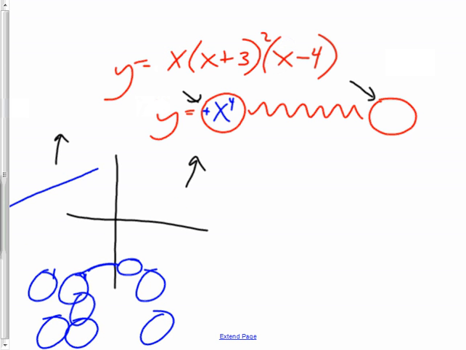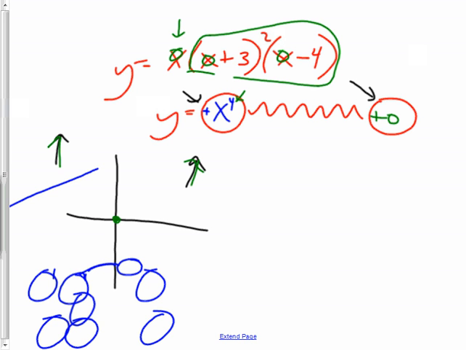So I put in a 0 here and here and here. But if I multiply 0 in the front times anything else, it doesn't even matter what these are. The answer is going to be 0. So this last number is a plus 0. So I hope you know that this graph has to go through here, and it's even, so it has to be going up and up. Are you with me so far?